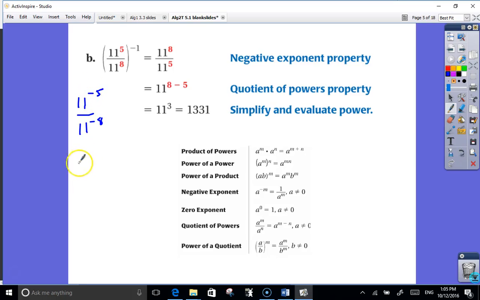So the 11 to the negative 5 becomes 11 to the positive 5 in the denominator, and 11 to the negative 8 in the denominator becomes 11 to the 8th in the numerator. So actually, what you really do is you just flip the fraction. Notice what they did going from here to here. They just took what was inside and flipped it. And now it's all raised to the first power. And 11 to the 8th over 11 to the 5th, that'll be the subtract property. So 8 minus 5 is 3.